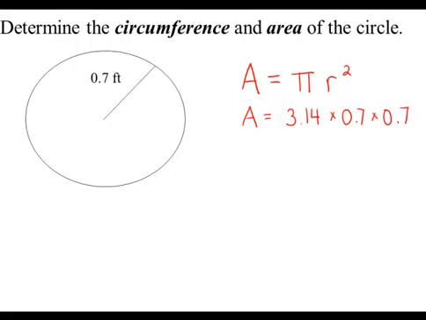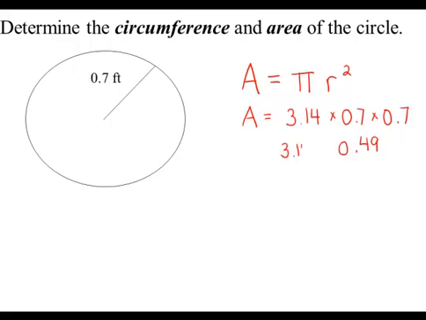So I'll multiply 3.14 times 0.7 times 0.7. 7 times 7 is 49, but since each of these numbers had one digit to the right of the decimal point, my answer will have 2 digits to the right of the decimal point. Multiplying 0.7 times 0.7 gives 0.49.